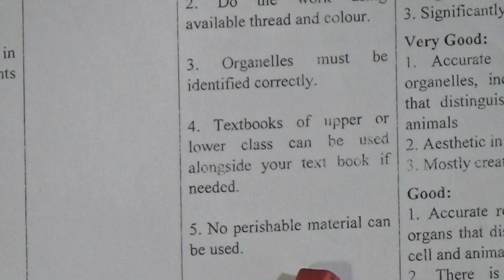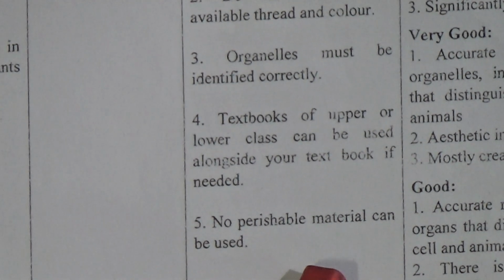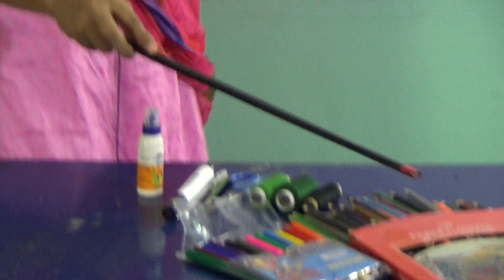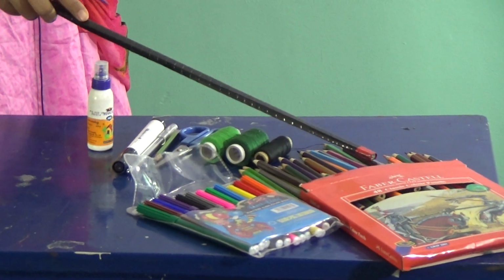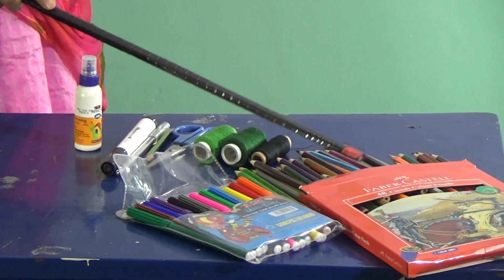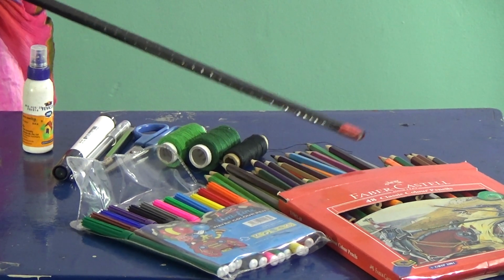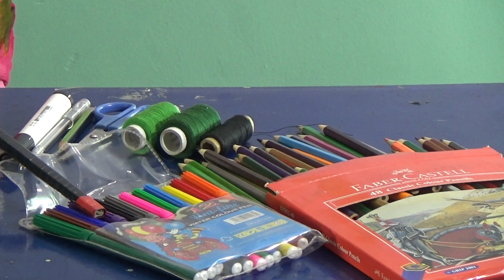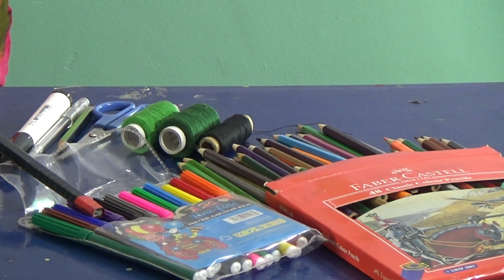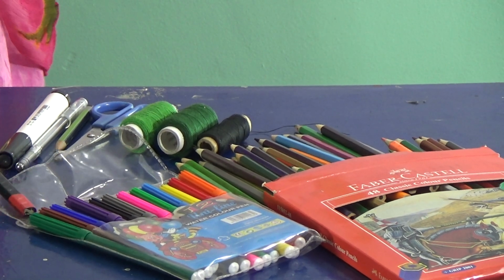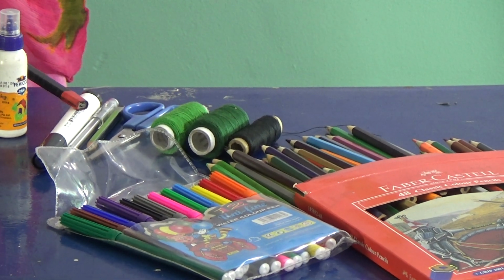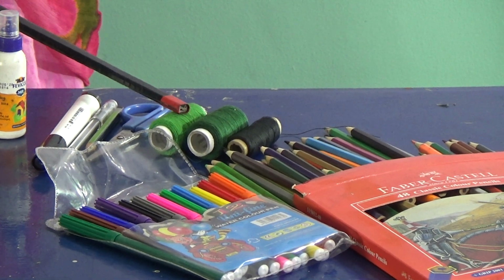Now come to the materials which we can use in our assignment. Dear students, these are your materials. The colors that I used in our assignment are watercolors, watercolor pens for making outlines, the pencil, the pen, sign pen, the marker pen, and the threads that I have in my home.